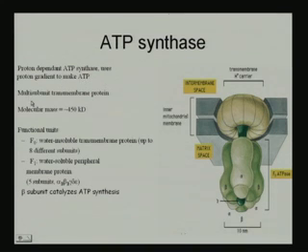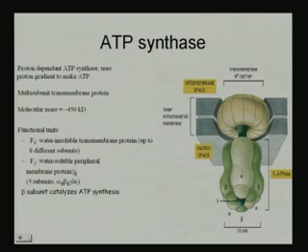It is a multi-subunit transmembrane protein, and the molecular mass of this enzyme is around 450 kilodaltons. As I have already told you, it has two moiety subunits, one is F0 and another is F1. F0 is the water-insoluble transmembrane protein and it has 8 different subunits.